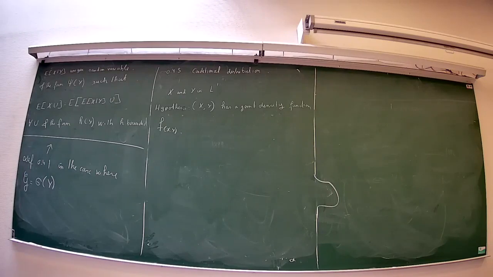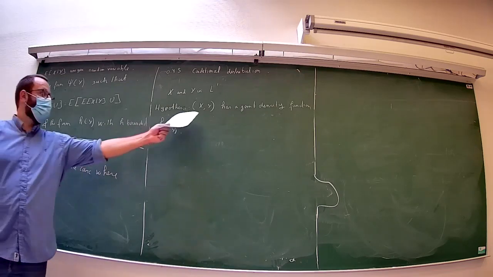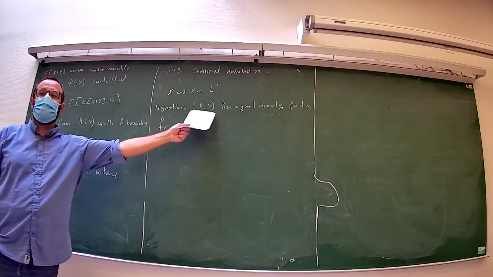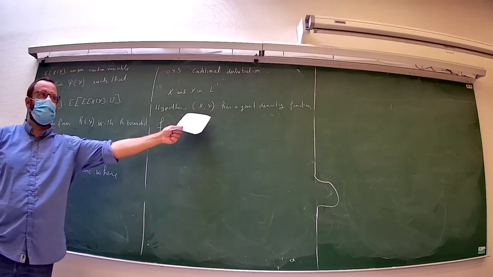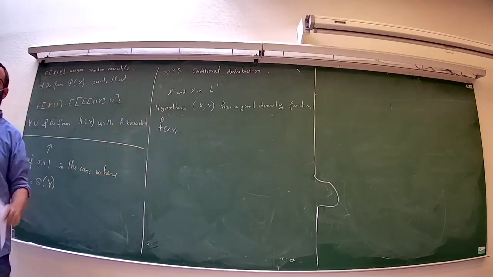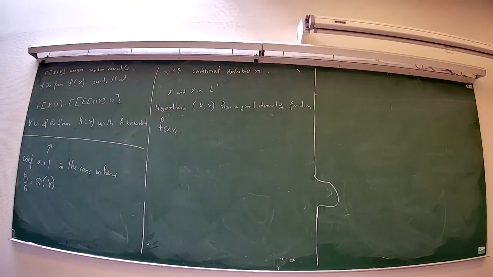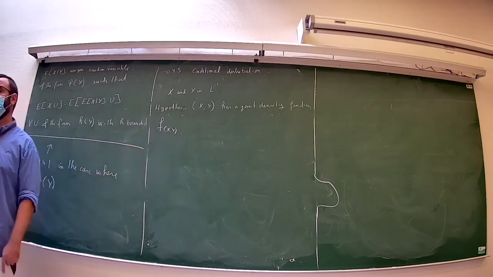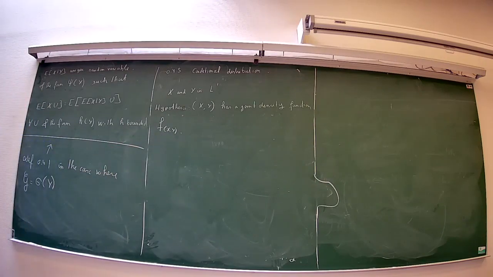They are measurable, as single variables, because by definition being measurable for a vector of random variables just means each component is measurable. But I have a joint density here. I have a pair of random variables and I know that they have a joint density. What can you say about the components?